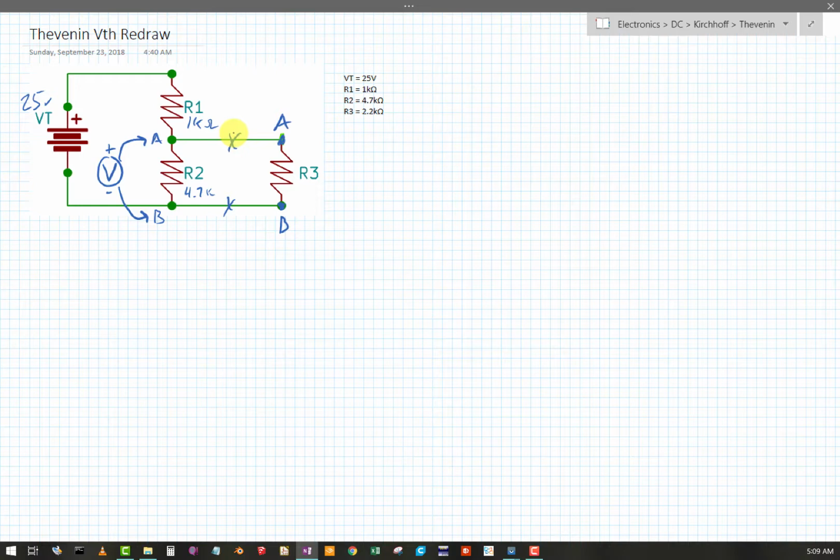If I removed R3 and looked for the voltage at A and B, I can see that the voltage of R2 would increase to its maximum level, and that voltage of R2 is going to be Vthevenin. So Vthevenin is my A to B voltage. In this case, it's just the voltage of R2 with the load removed.